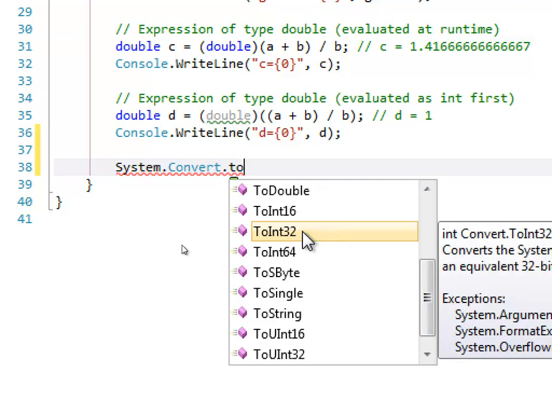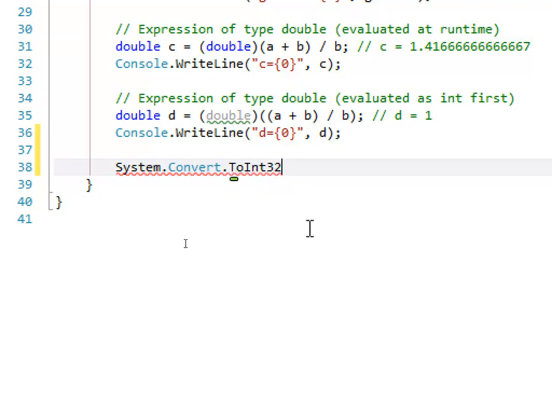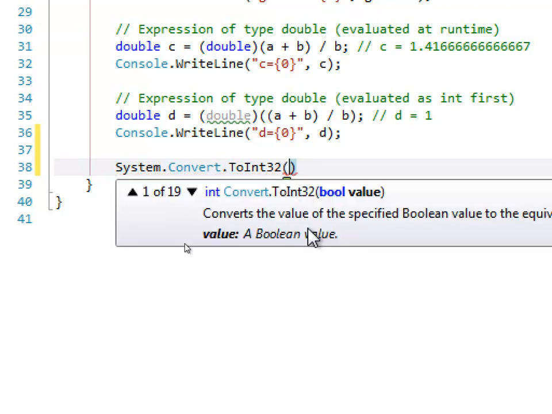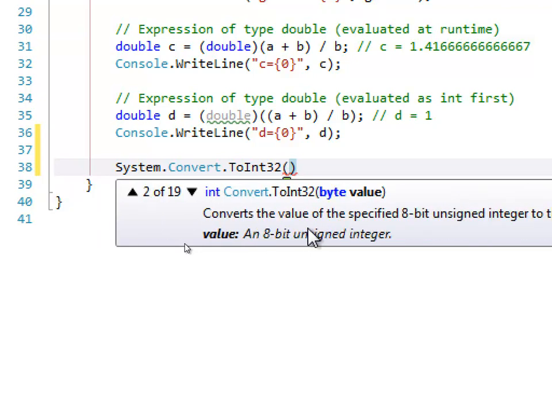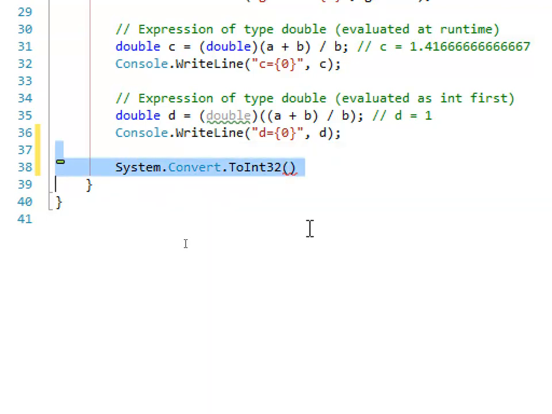For example, if we look at Int32, which is the representation of the int that we're using all the time, we'll see that we have 19 different options for what we're sending this function. It could be a Boolean, byte, character, decimal, float. These things are safe to use and very useful, more safe than taking something and trying to cast it by force. So you should know that System.Convert.To-something is quite a useful function set.